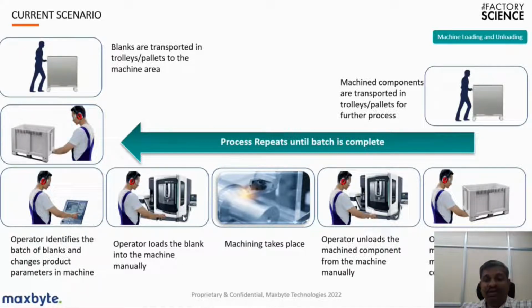Once machining is completed, he unloads it from the machine manually and places it in the finished products bin, and the finished products will be moved to further process. This process repeats again and again until the entire batch is complete. This is the current scenario, where every operation is manual.